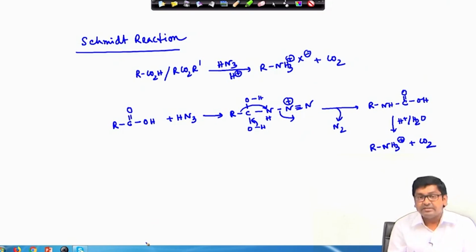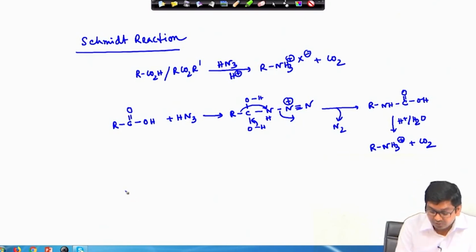In these reactions, this hydrazoic acid can again react with ketones also.